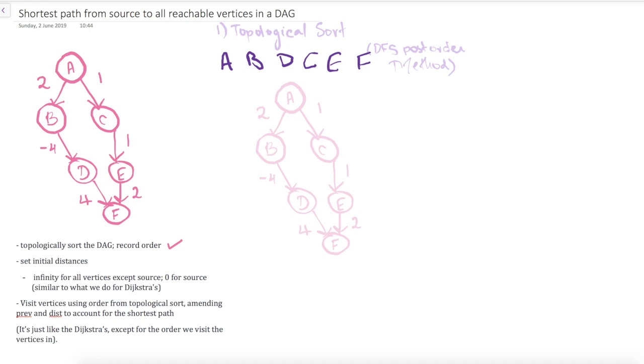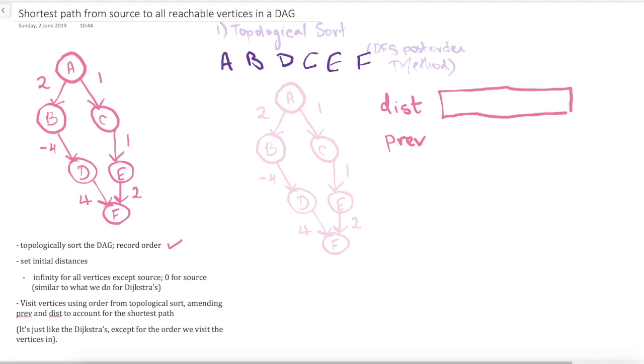So we set initial distances for all the nodes from the source node. So I'm going to have an array known as dist and prev, just like I had in Dijkstra's. And the index number is going to correspond to the node number, where node A would correspond to an index of 0, node B would correspond to an index of 1, and so on and so forth.